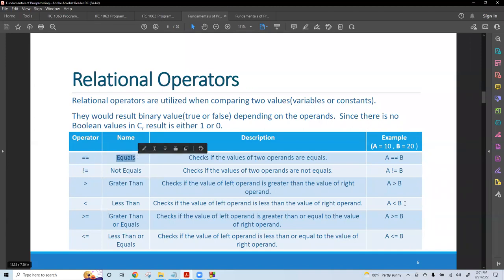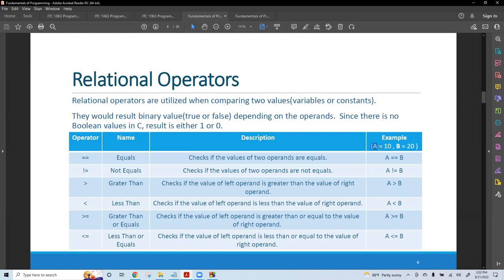Equal. So we check the equality. If A equals B, and A and B are equal, the result would be 1. If A and B are not equal, then the result would be 0.